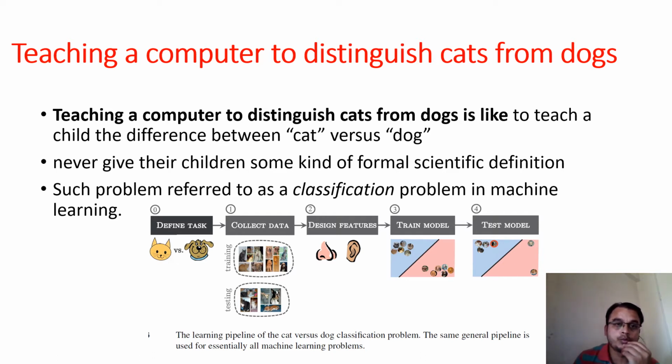If I want to teach a child how a cat looks or how a dog looks, what will we look for? Yes, we will look for some features, like the shape of the nose, the size of the ear, the location of the nose, and so on.